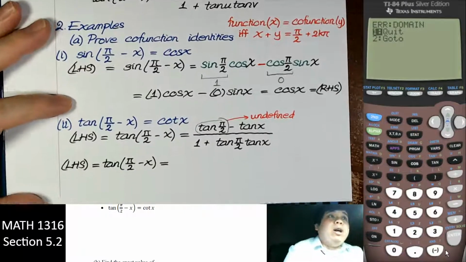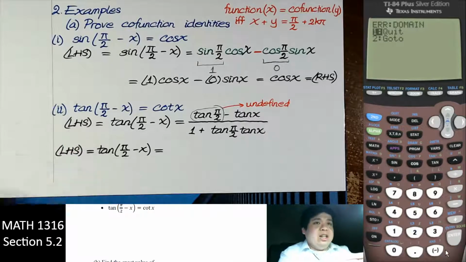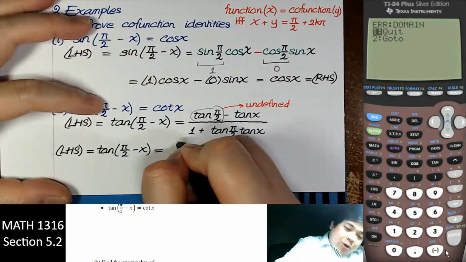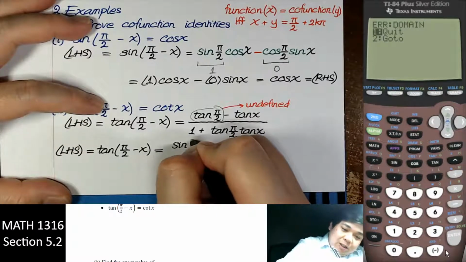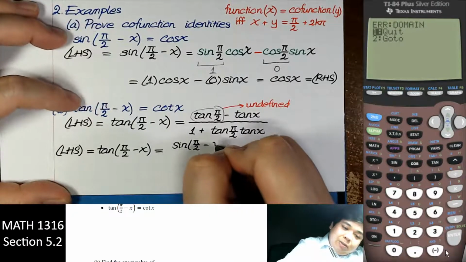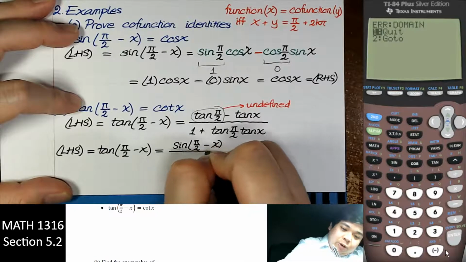Now, what we can try is that tangent is sine over cosine. So I'm going to write sine over cosine.